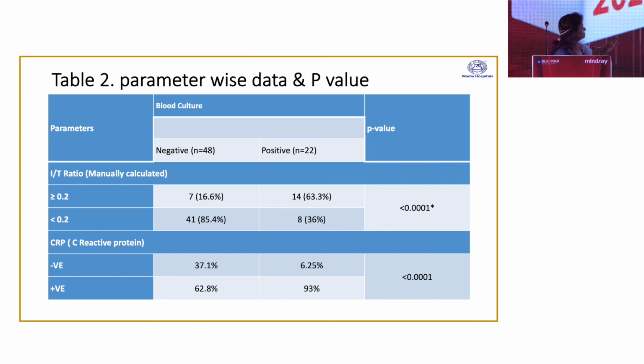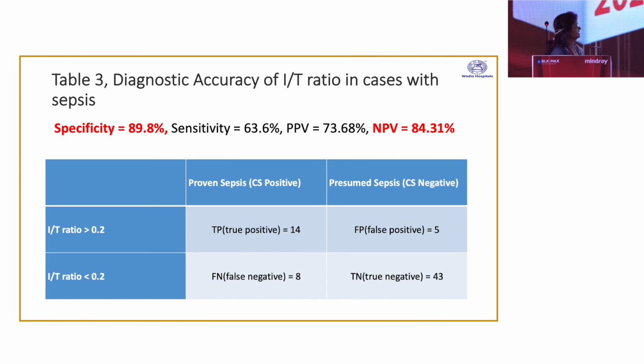I would like to show the tabulated form for negative and positive cultures with IT ratio and CRP values, and show it another way. Sensitivity is 63.6%, this is true positive, and specificity is 89.8%, around 90%, and the negative predictive value for IT ratio 0.2 is 84.3%, which is quite high, quite significant.